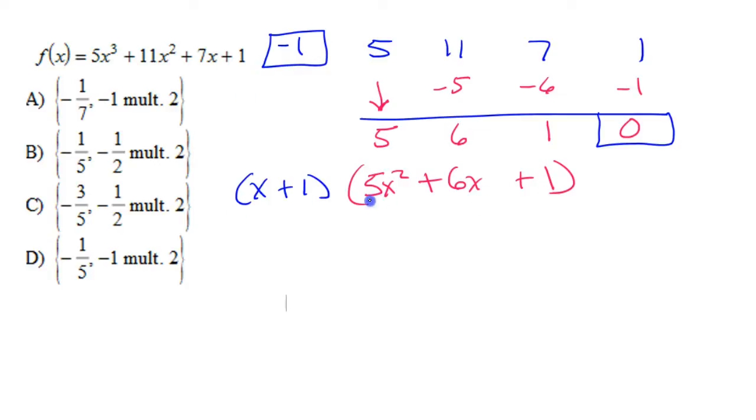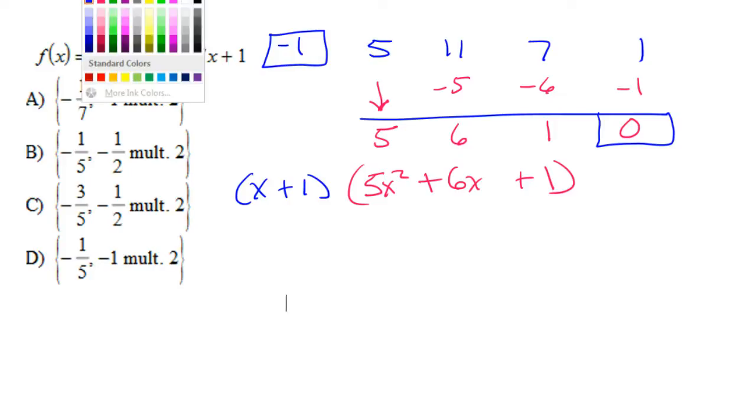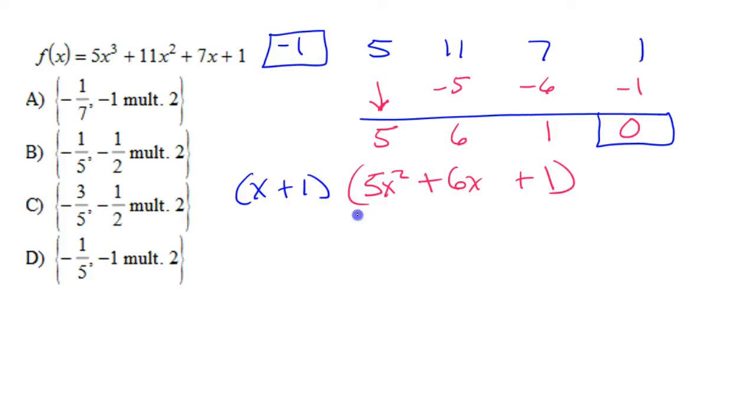Now I'm going to try to factor this trinomial further to get the other two zeros. By the way, the fact that the degree is 3 tells me that there should be 3 zeros. Alright, that counts repeating zeros, but still.